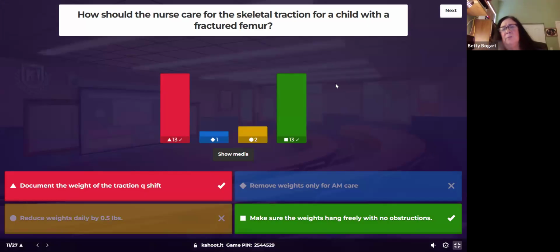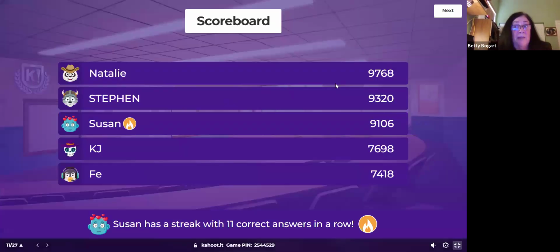If it's supposed to be 5 pounds, you document: yes, I've checked, yes, it's 5 pounds. Anybody can walk in a room and take a weight away. So that's why you do it. Also, make sure it's weighing freely. We never ever take it off. We never reduce unless a doctor orders it. We just document the weight and keep them free flowing, just hanging there and pulling well, checking neurovascular signs on that leg.